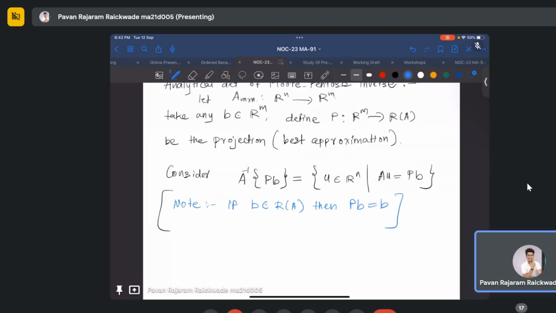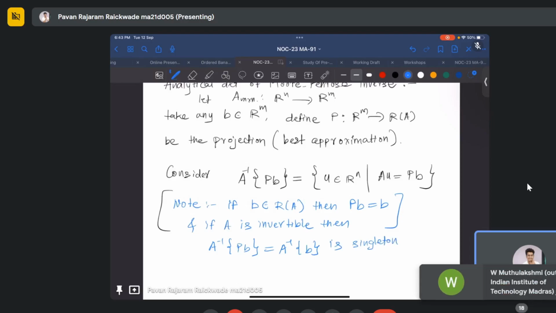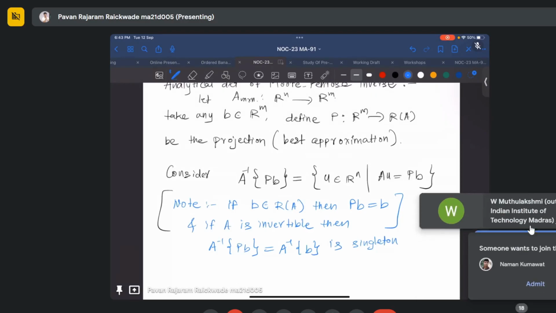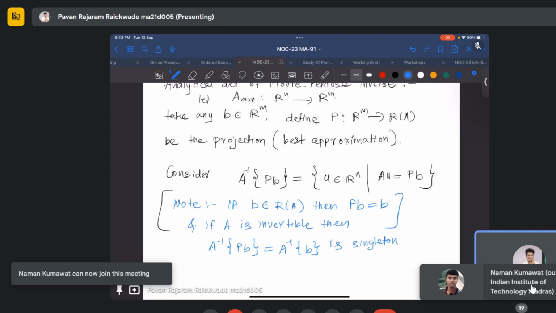So if B belongs to the range, then the set only becomes the set of all U such that AU equals B, and if A is invertible, then this A inverse PB, which is the same as A inverse B, is a singleton set, right? Because you get only one pre-image if A is invertible. But if A is not invertible, then the set of all inverse images can be infinite.